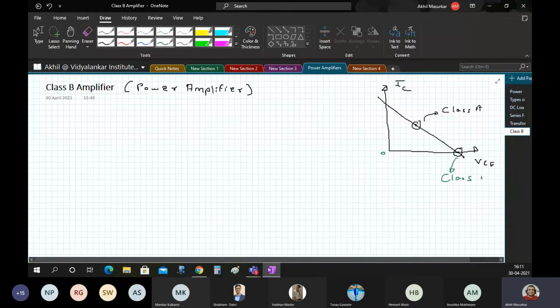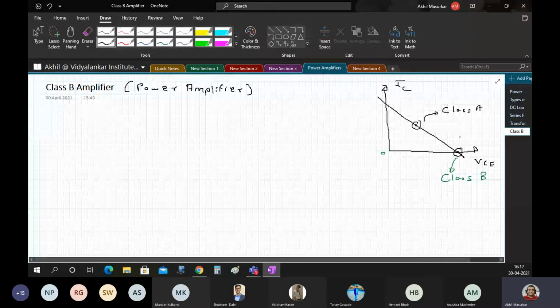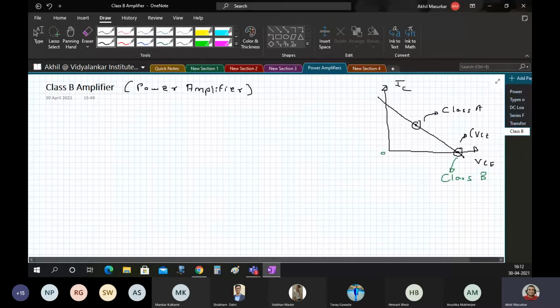Point to be noted, the Q point is at this position. It will have a VCE value, but the IC value is 0. In a class B power amplifier, the Q point is located at the cutoff region.